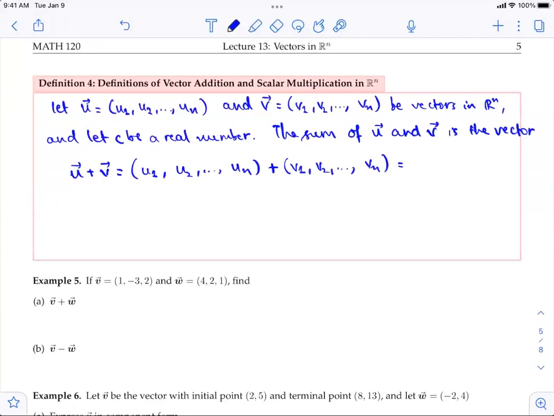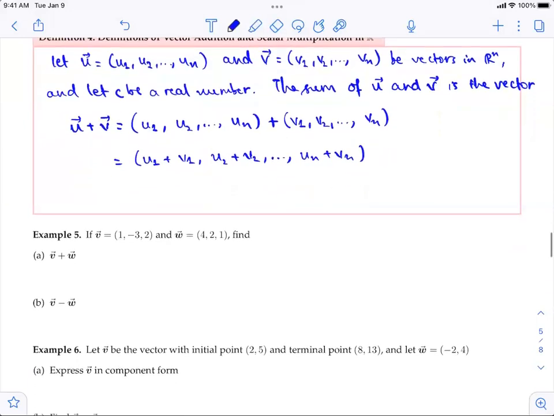Basically you add the components together. So u1 added with v1, u2 added with v2, and so on and so forth up to un added with vn. So you get u1 plus v1, u2 plus v2, up to un plus vn. So this is vector addition. You can do scalar multiplication as well.